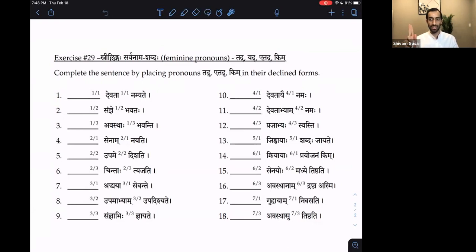Tabhyah, yad, yabhyah, etad, etabhyah, and kim, kabhyah. Okay, so well-being to those people, well-being for which people, well-being for these people, and well-being for what people?